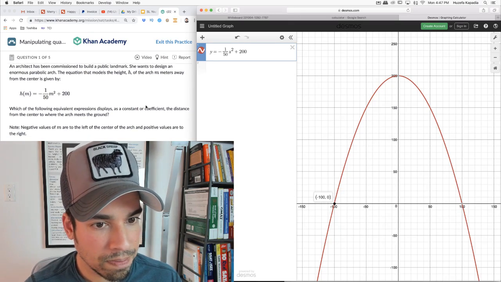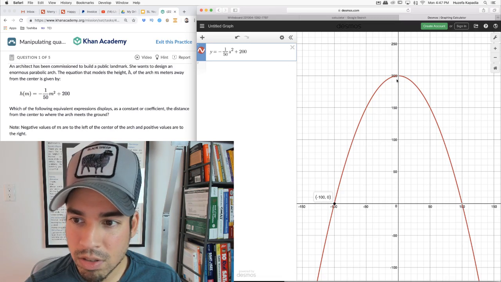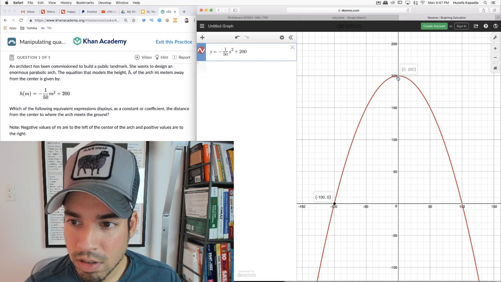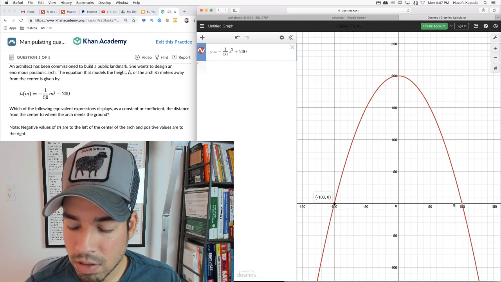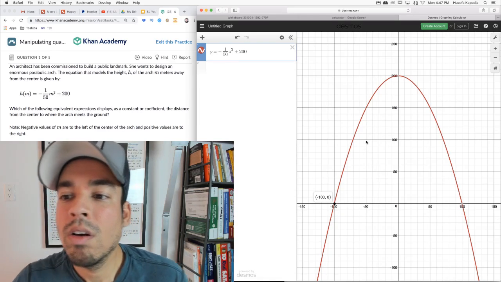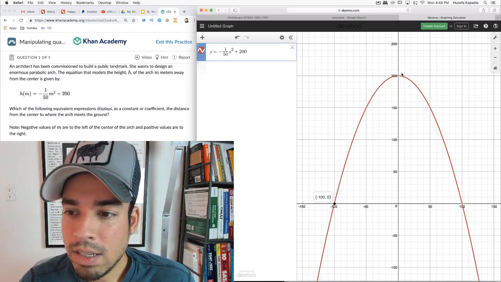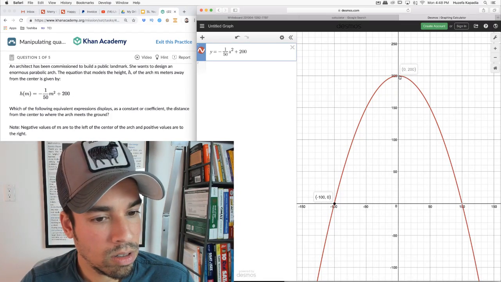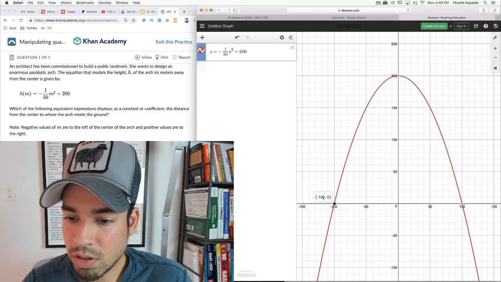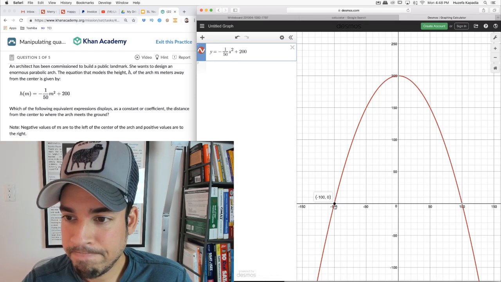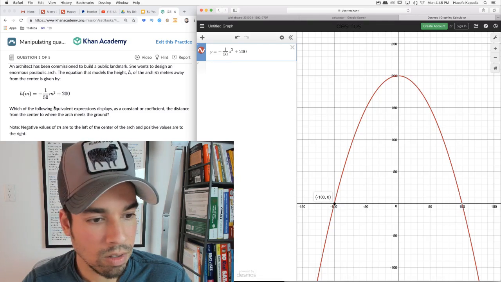The distance from the center to where the arc meets the ground. The distance here to where the arc meets the ground. But see, this is the distance from the center, yeah, to where the arc meets the ground. Okay.